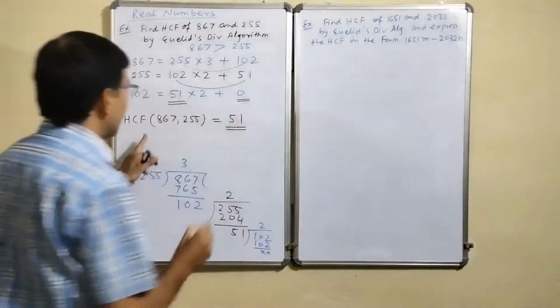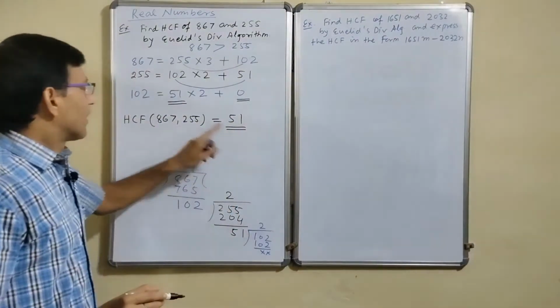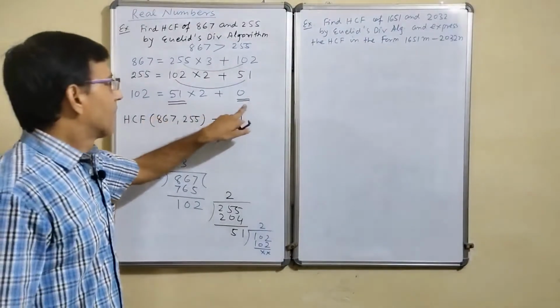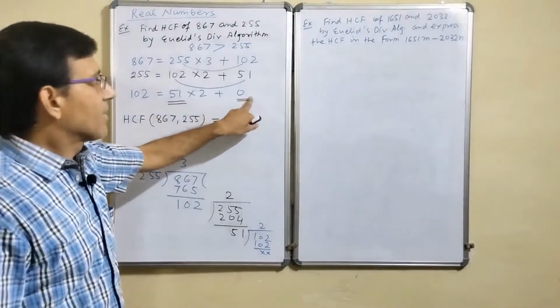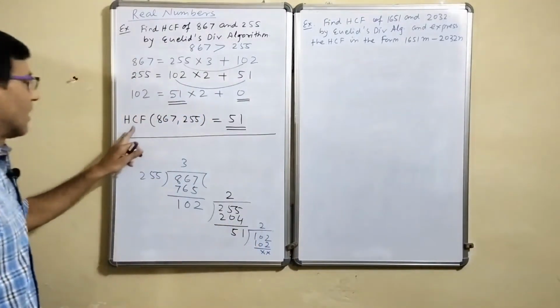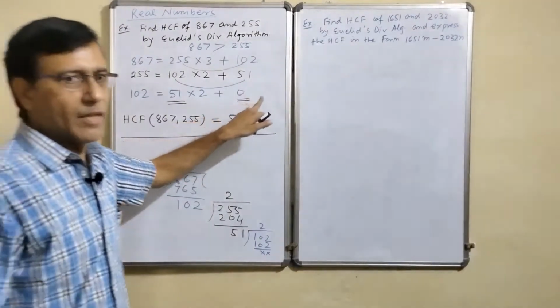The required HCF is the divisor at this stage, as remainder is 0. So this is the required result. HCF of these two is 51, since here we have remainder 0.